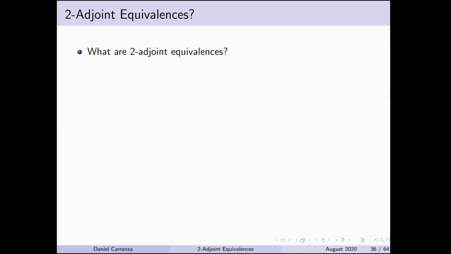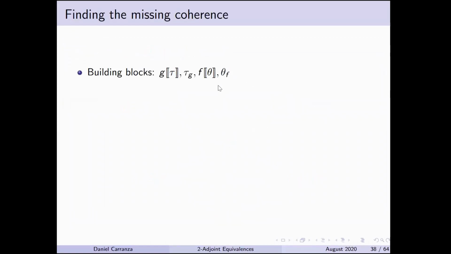So if I have these coherences, tau and theta, these two triangles, I'm going to stick g and f on them. There are 8 possible combinations, but of those 8, 4 actually make sense: g tau, tau g, f theta, and theta f. And so one thing I might try to do is pair 2 of them off together.